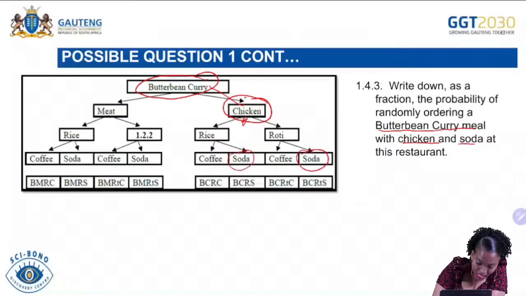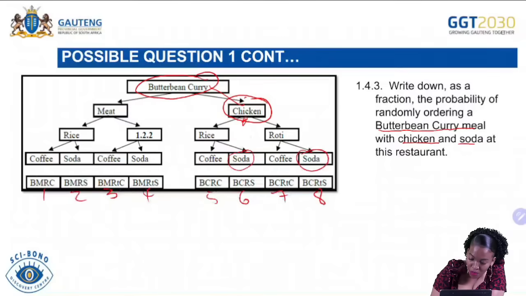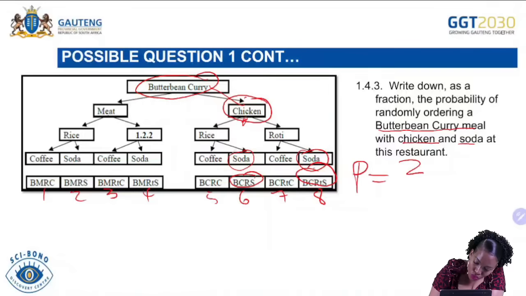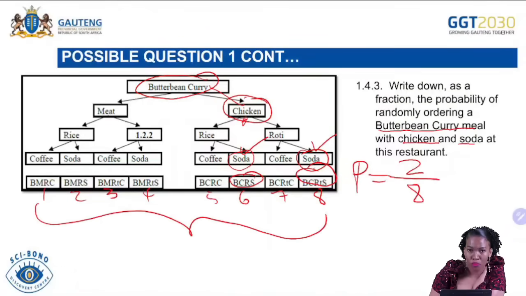So out of how many outcomes? Out of 1, 2, 3, 4, 5, 6, 7, 8. How many outcomes have a chicken with soda? It is 1. It is 2. So the probability will be 2 options of soda out of how many options in total? Out of 8 options.